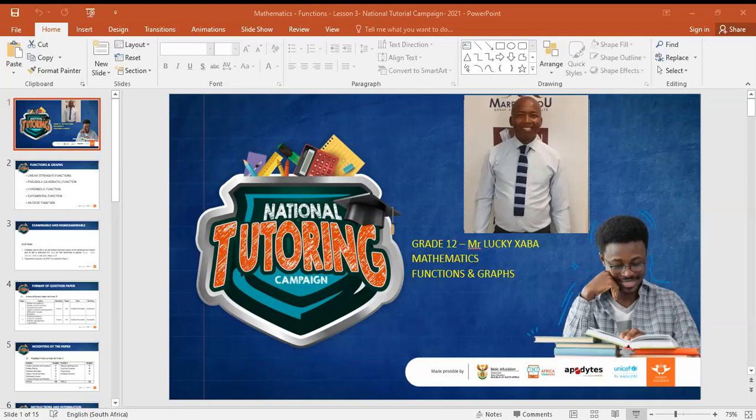Now the y becomes the n, and after you substitute, you have to get to the solution. If you do that, you find that n is going to be equal to 2.